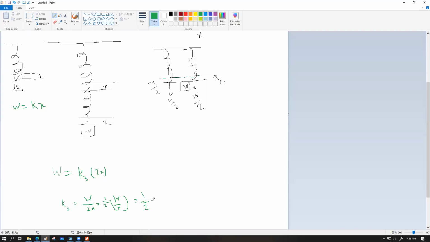What I'm trying to show you here is that this series combination is half as strong, or half as resistive, as a single spring, because it has a spring constant that is half of a single spring, which means by applying the same amount of load, you will achieve a bigger amount of deformation.